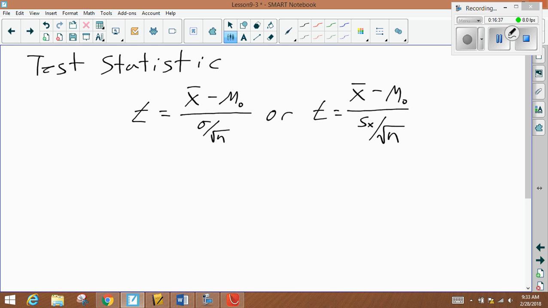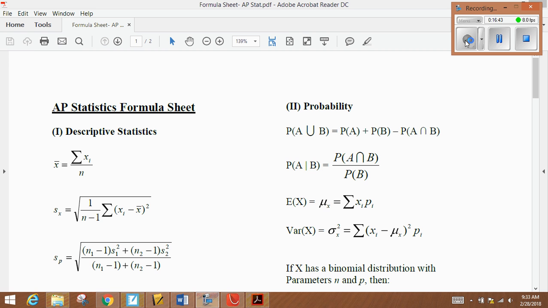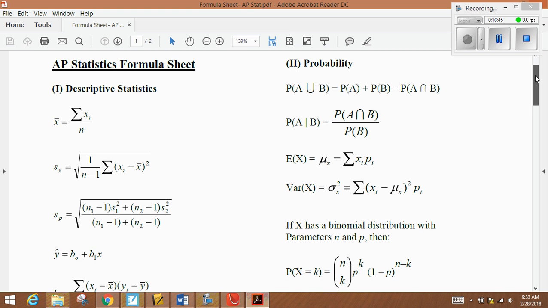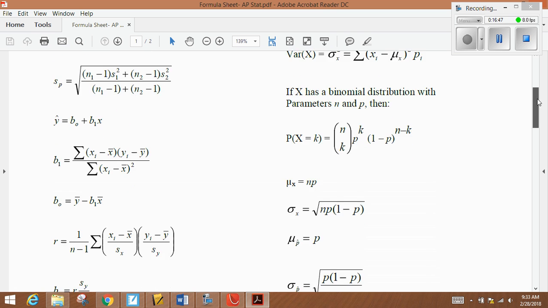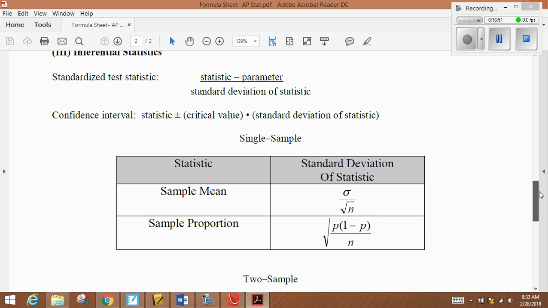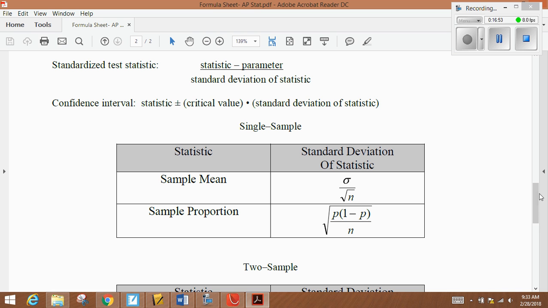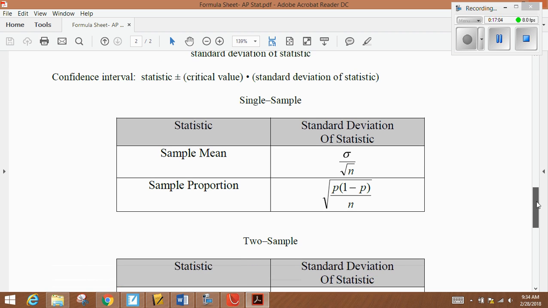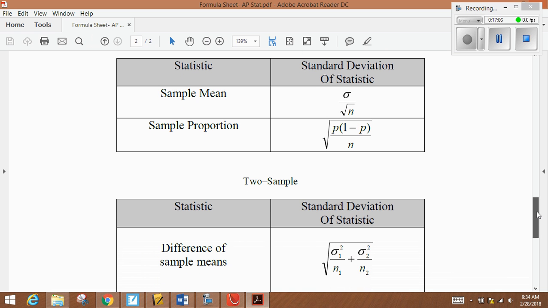I want to show you where to find this on your formula sheet. If you go to the other side, it's right here. Always, your test statistic is going to be written there. Statistic minus parameter divided by standard deviation of your test statistic. And it has, actually, your standard deviations as well. Right? So for sample mean, there it is.